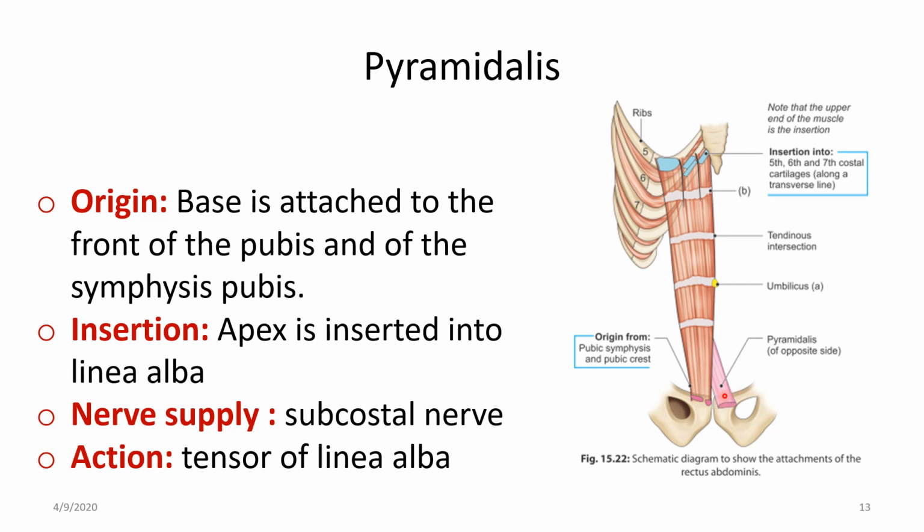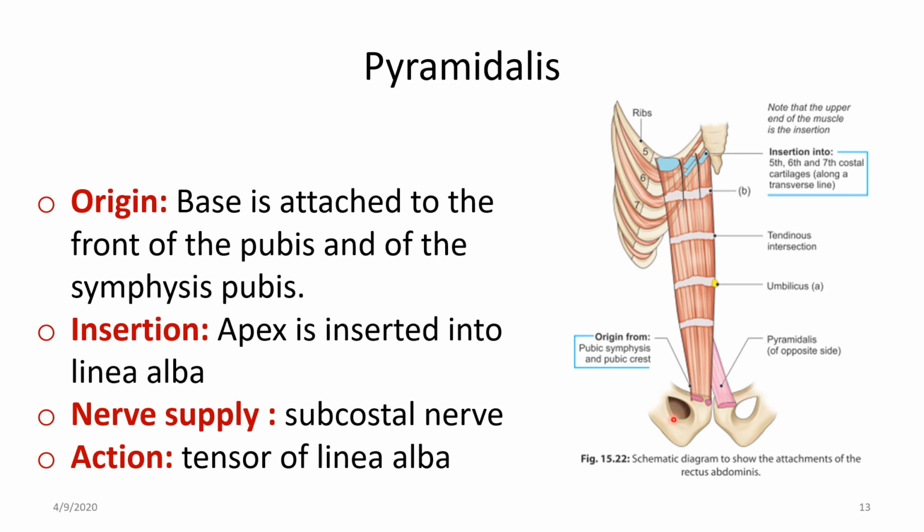The apex is the insertion, inserted into the linea alba. So the origin is from the pubis and pubic symphysis, and the insertion is into the linea alba. Its nerve supply is by the subcostal nerve, which is the 12th thoracic nerve, that supplies the pyramidalis muscle.